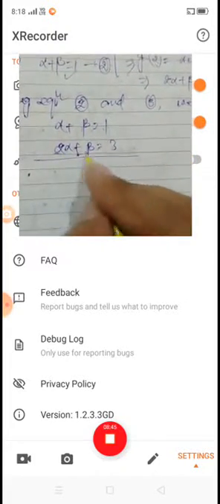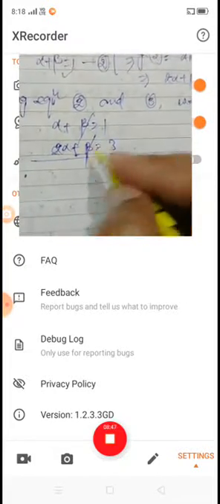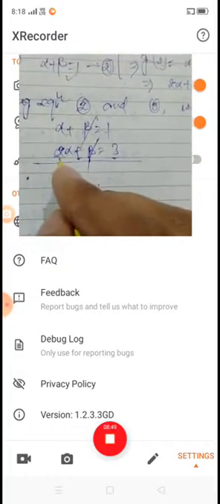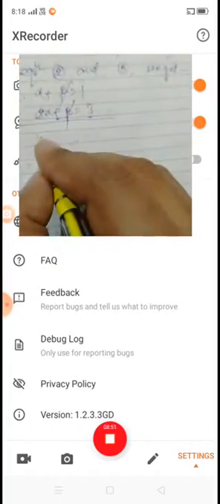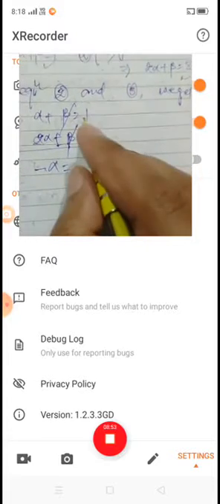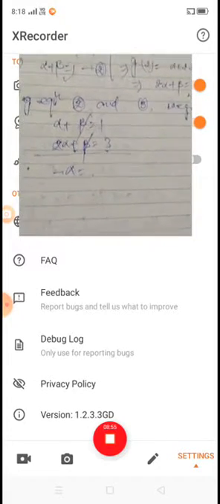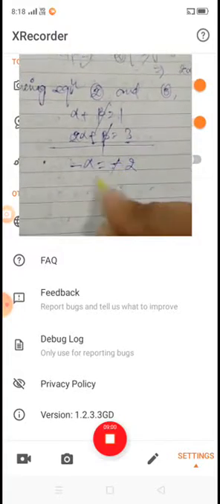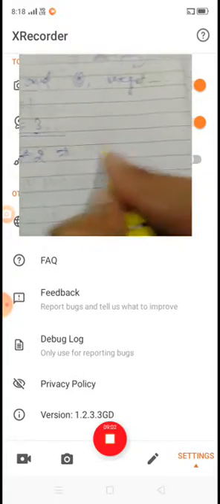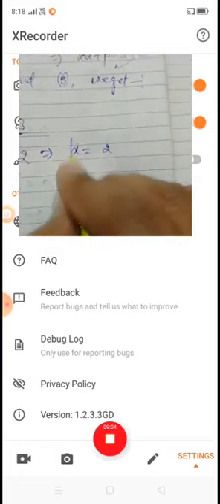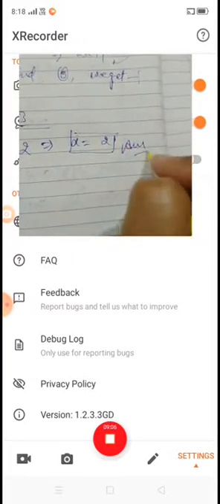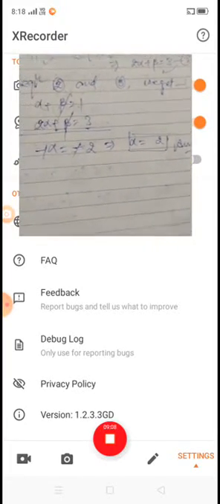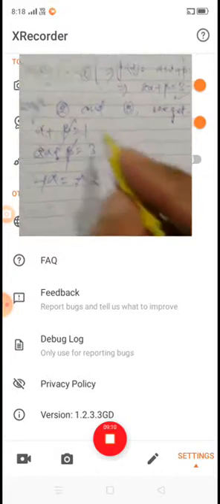On subtracting, beta cancels out. Here we have minus 2 alpha plus alpha, that is minus alpha, is equal to minus 3 plus 1, that is minus 2. Minus signs cancel each other, so the value of alpha is 2. This is one answer.